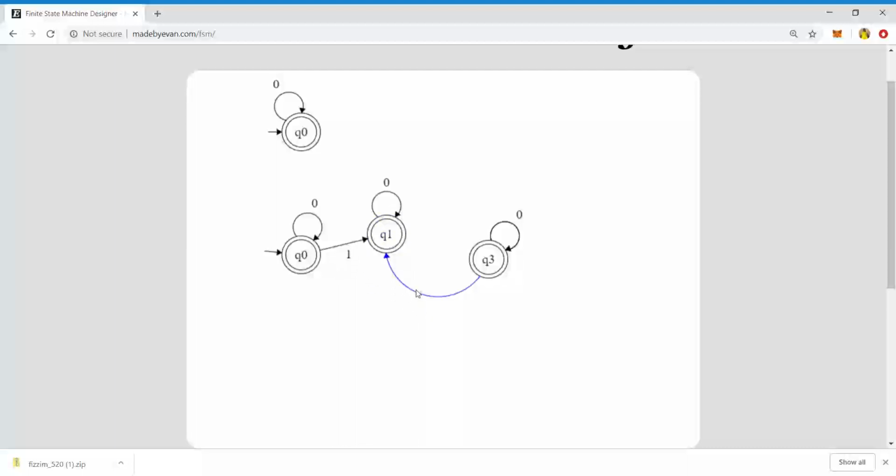We can delete this and add one more transition here which goes to this state, and then we move this back, we move this again back.